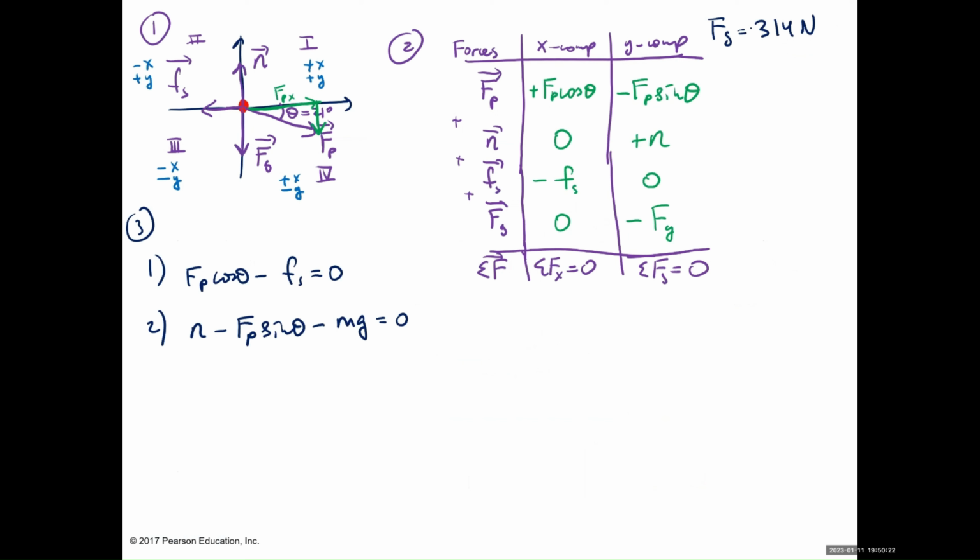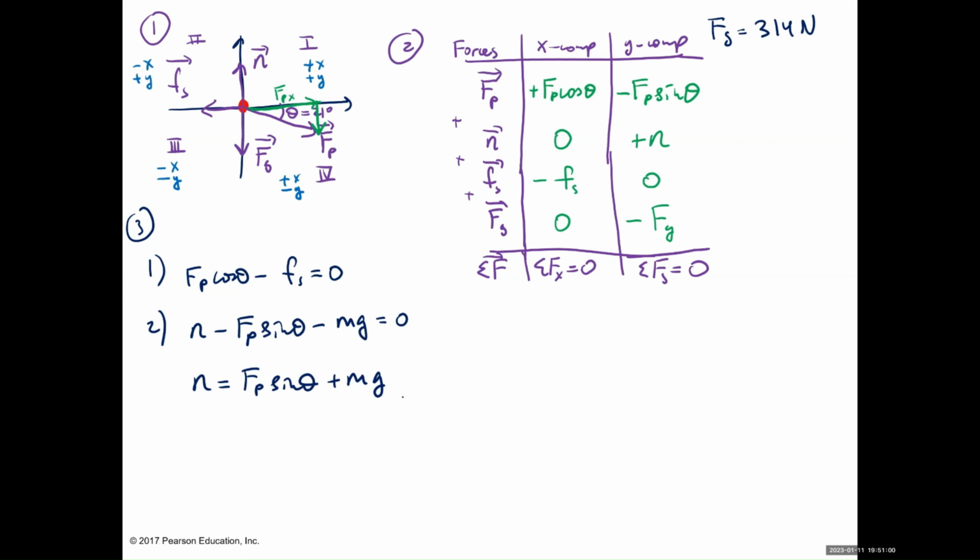All right, so then I can go back to equation 2, and what I want here is normal force equals Fp sine of theta plus mg. So that's the equation for the normal force.